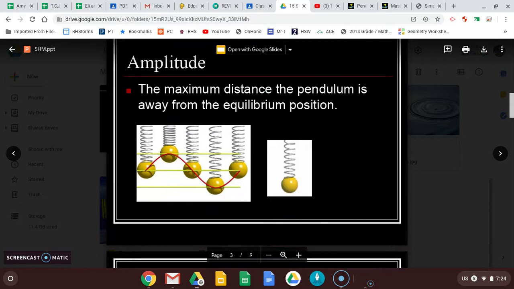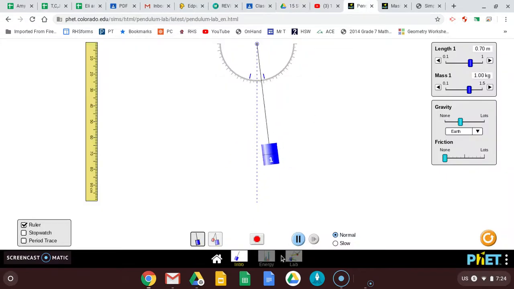Just some certain terminology that we want you to start getting familiar with, because we're going to use many of these terms with waves. The amplitude, all right? The amplitude of an object in SHM is its max displacement from the rest position. So I'm going to pause this right now.